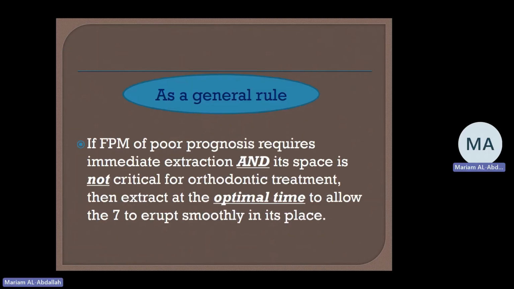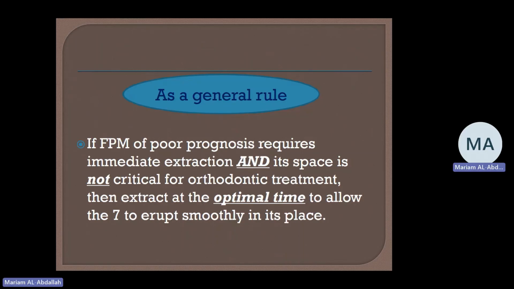As a general rule, if you have a first permanent molar of poor prognosis and the space provided by extraction of this tooth is not necessary for orthodontic treatment to relieve crowding or to camouflage certain features of the malocclusion, then it's important to choose the optimal time for extraction.